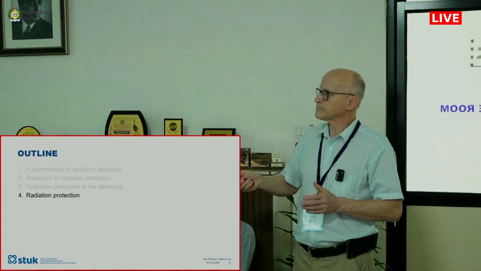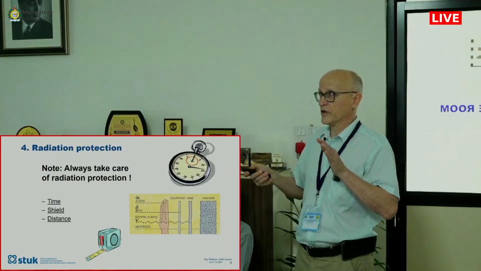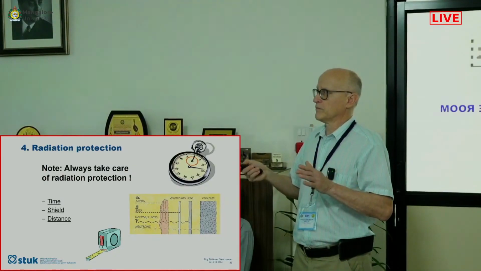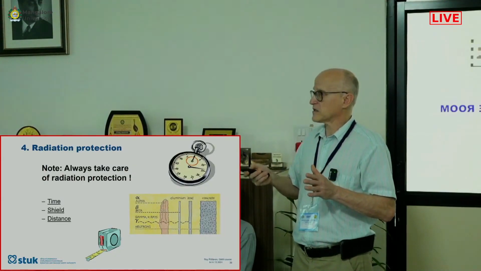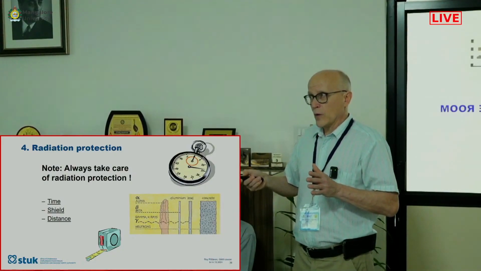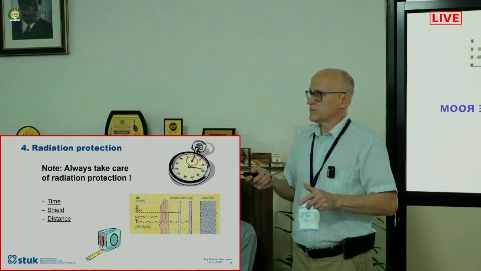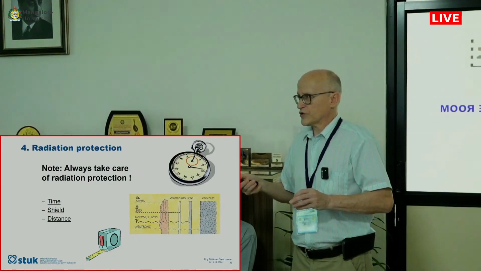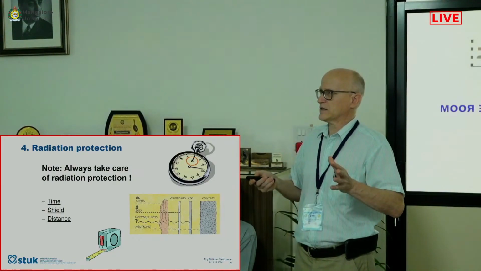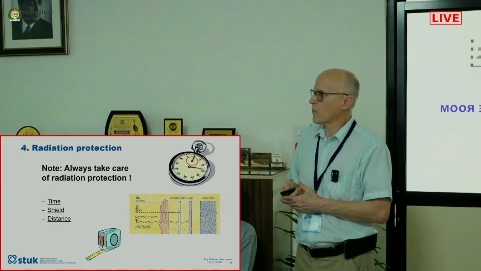Okay, some slides about radiation protection in the laboratory. Please take these things into account. So you have to stay away from active sources. You should use shields when the source is active, and it's a good way to keep some distance.